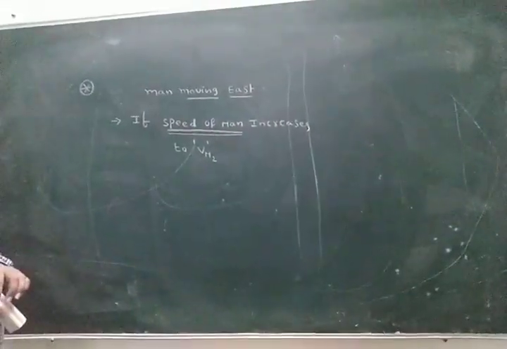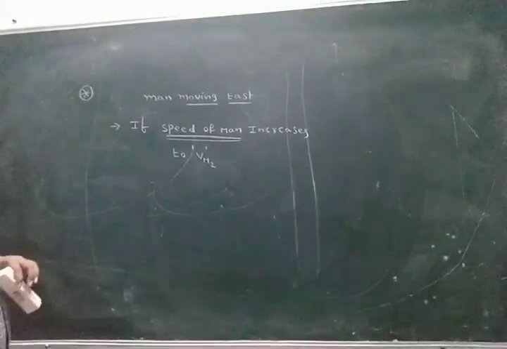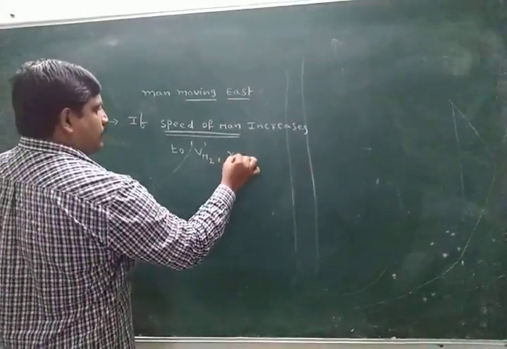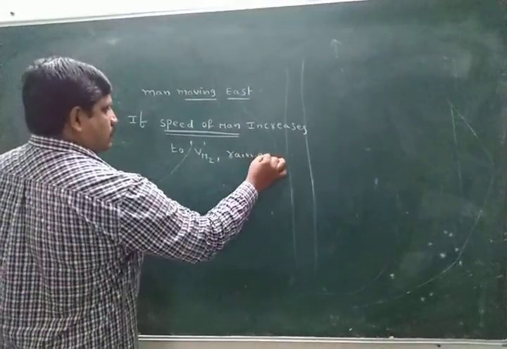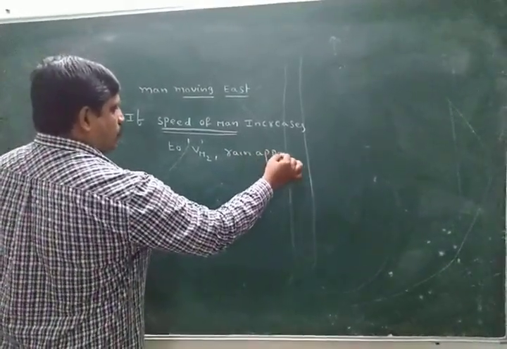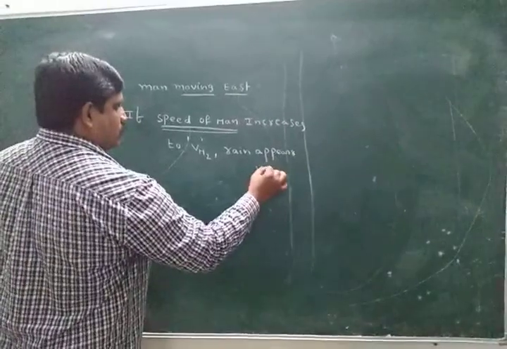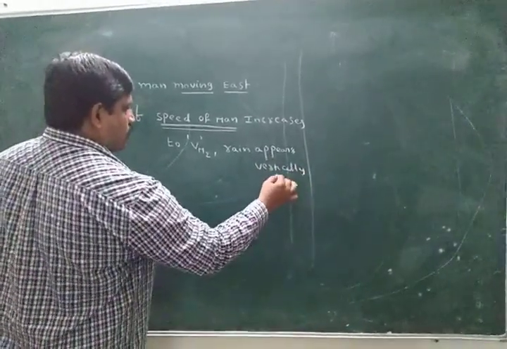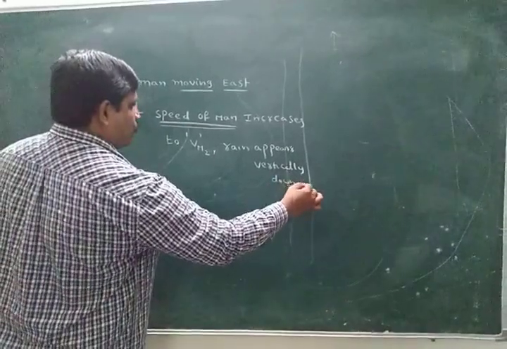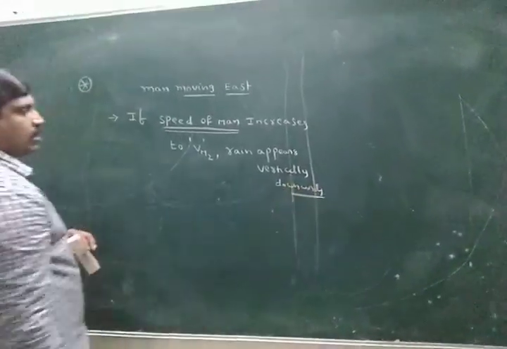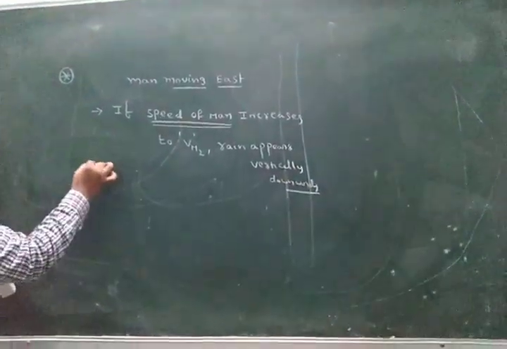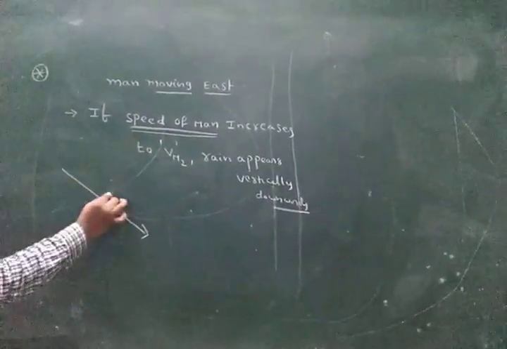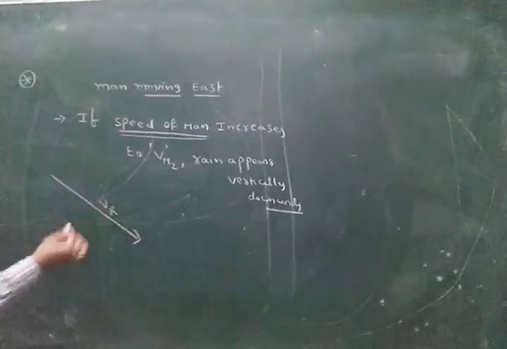In this situation, rain appears vertically downwards. Look at the question. Actually, in the situation, the actual rain is falling slantwise.